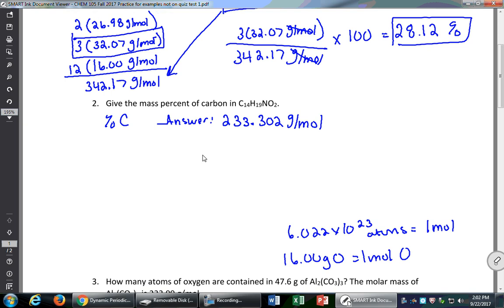I just wrote the wrong thing down. Actual answer is 72.07%. Your molar mass is going to be that number I just wrote down, and I have it boxed and everything. So when you're going through and checking that, it's going to be 72.07%. Though your molecular weight is going to be 233.302 grams per mole. That's where that number came from. I was just reading the wrong thing on my sheet.